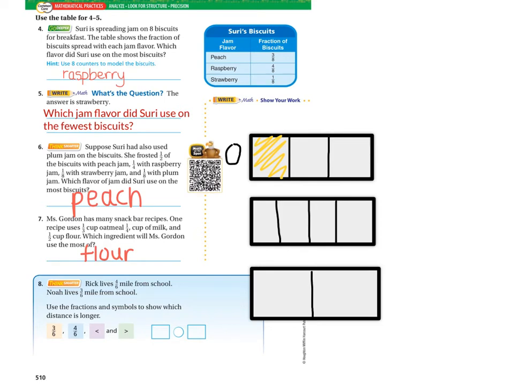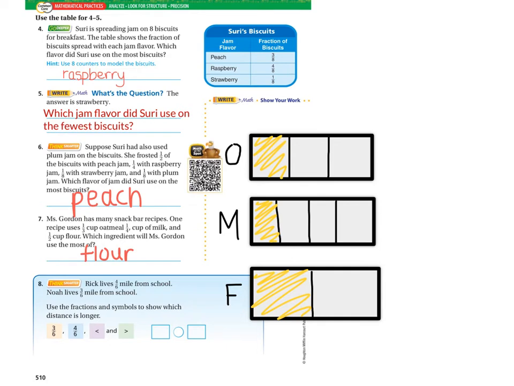Next, we want to find the fourths. We're looking at 1/4, and that represents the cups of 1/4 cup of milk. And finally, we want 1/2, so pull 1/2, and that is showing us how much flour.